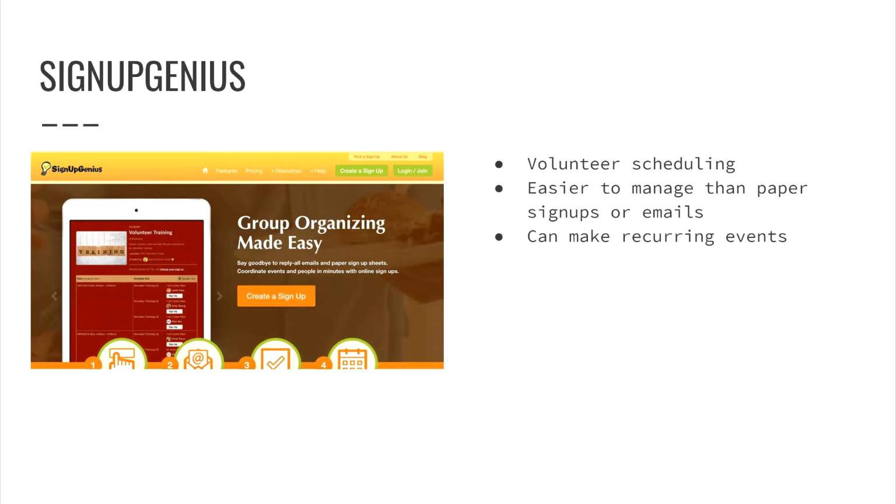You would just say this happens every Sunday at these times. So this is a great tool for scheduling people, especially when you need to get some of that scheduling done at times when folks are more dispersed, like in the summer or around the holidays. Again, they have free and pro versions, but I think most churches and ministries can get by on the free version.